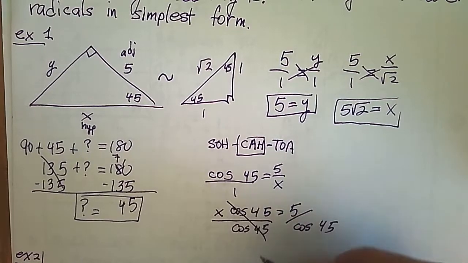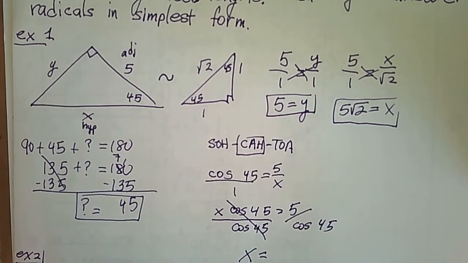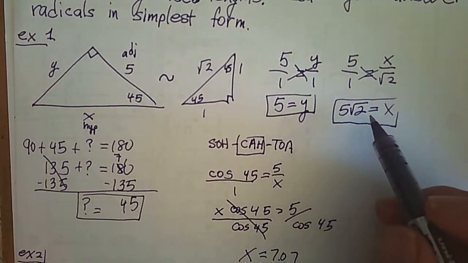These will cancel. Now, remember, when you use trig, you have to be in degrees, don't be in radians. So if you do 5 divided by cosine of 45, the answer I get is 7.07. Now you may be saying, wait a minute, Mr. Rivas, this answer is not the same as that.